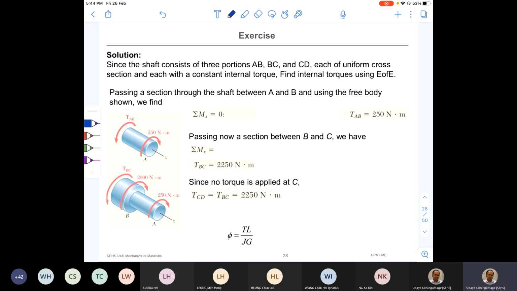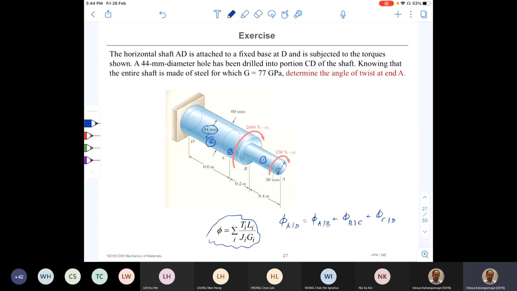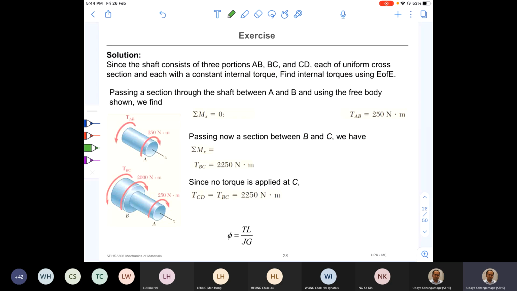To find the internal torque between A and B, you need to cut this member at any point between A and B and draw a free body diagram. What is drawn here is that FBD for A to B, any point between A and B, just before B. And again, I mark my internal torque here, TAB.